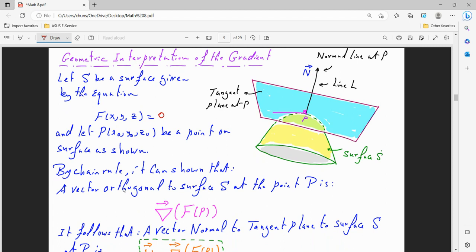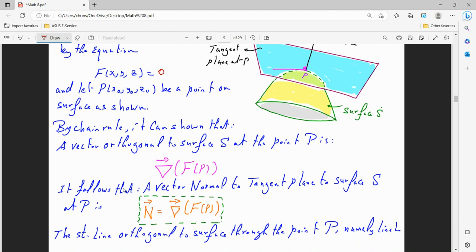Okay, so we just talked about the gradient, so that's taking the partial derivative at a certain point. And this is just a geometric interpretation of what that might look like. So if we have a surface here, and given by this equation, if we make that equation equal to 0, and let this P be a point on the surface as shown, it follows that a vector that's normal to the tangent plane to surface S at that point P is the same thing as our gradient.